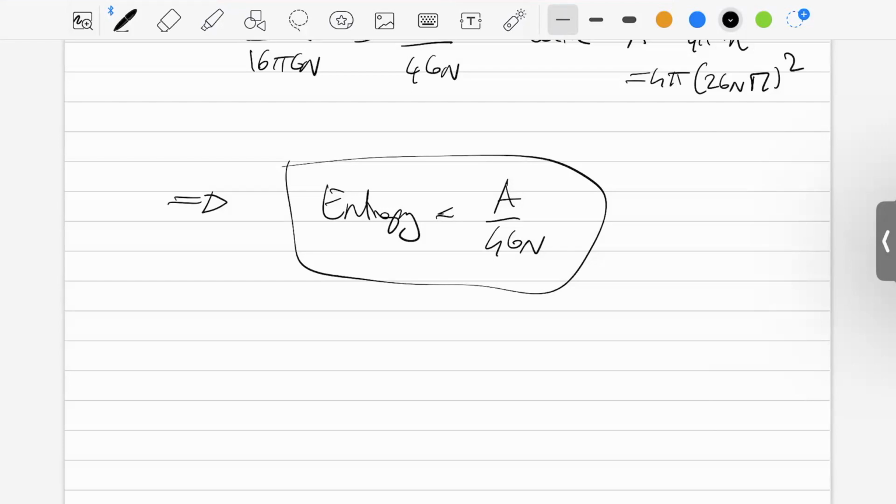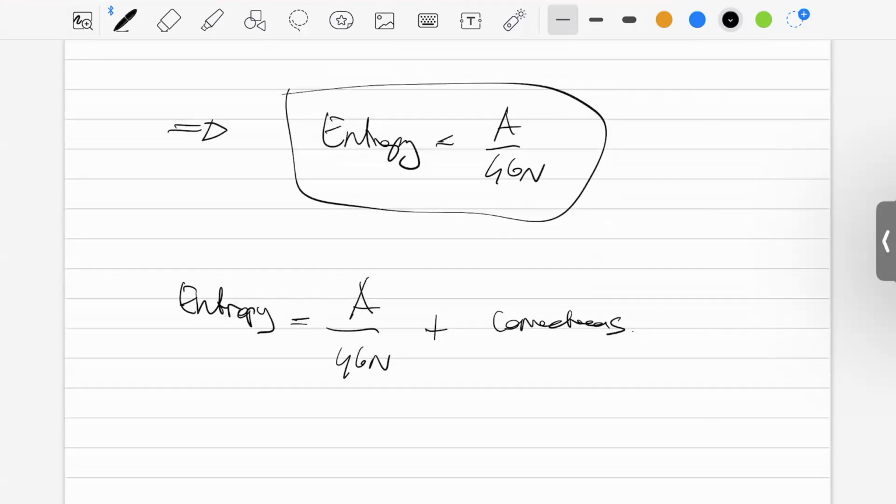So if one were able to have this theory, which we still don't know, then one expects this formula to receive corrections. The entropy is not actually exactly equal to the area divided by 4G, but you receive some additional corrections if one has a theory of quantum gravity.